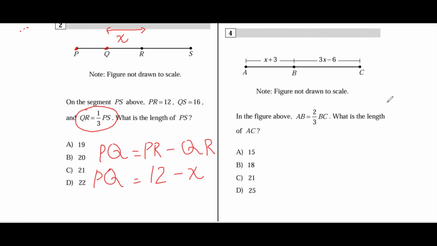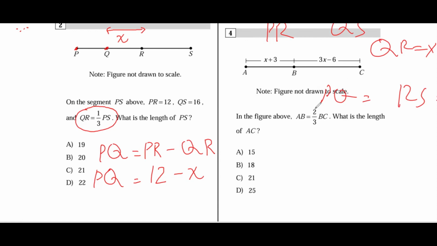So then we can find the total PS. Yes, because here we have given the length of PR, we have given the length of QS, and we have supposed QR equal to X, but we haven't given the length PQ and RS.